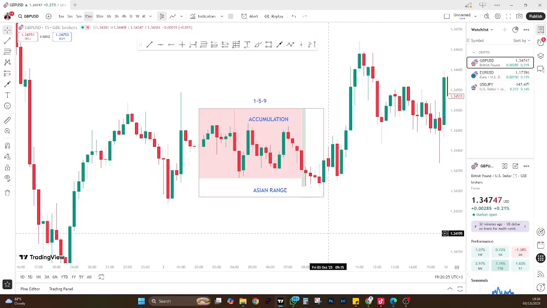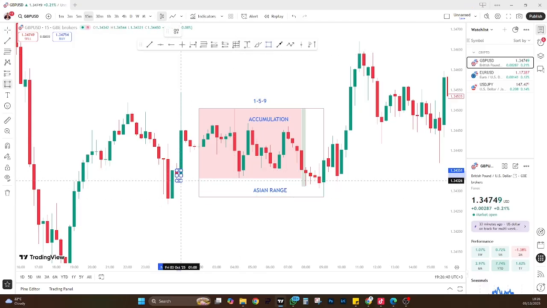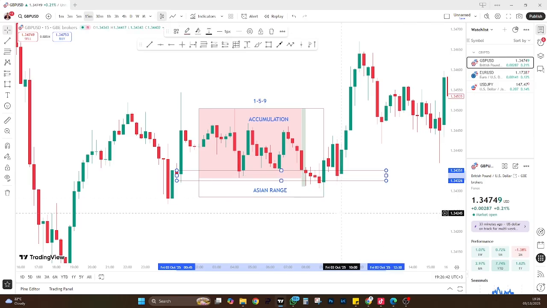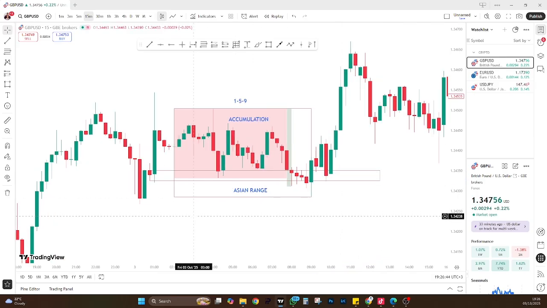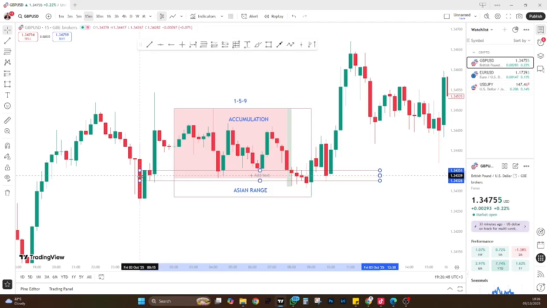So the moment the sweep happened below, I knew that I would be looking for buys. And what gave me that buy, if you look at this, we have an order block here and we have another order block here.